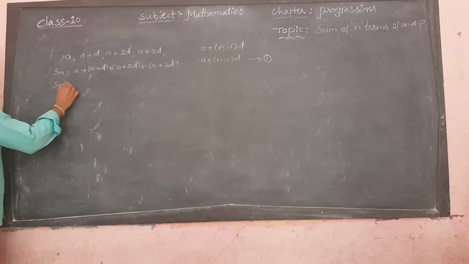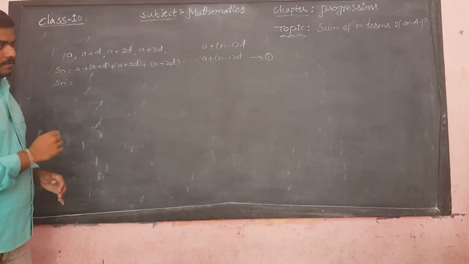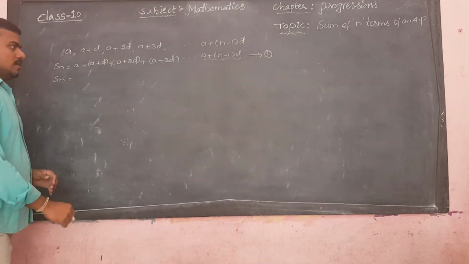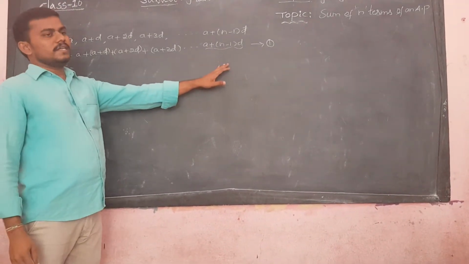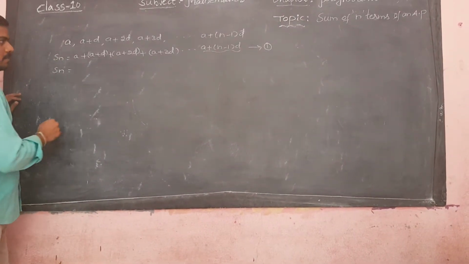And then write the sum of terms in reverse order. Take the last term, a plus (n minus 1) into d, as the first term.